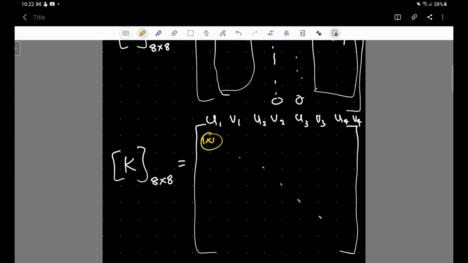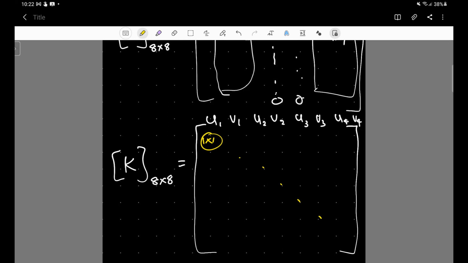So you can apply the superposition method to obtain the total stiffness matrix. Of course, if required, you can use the direct stiffness method to construct this total stiffness matrix without using the superposition method. So there you can again add the corresponding terms.